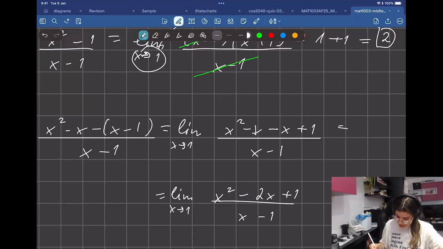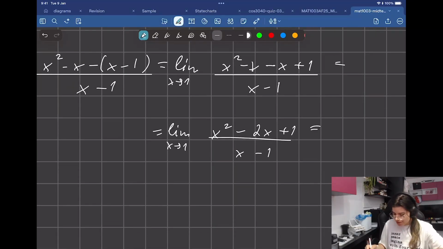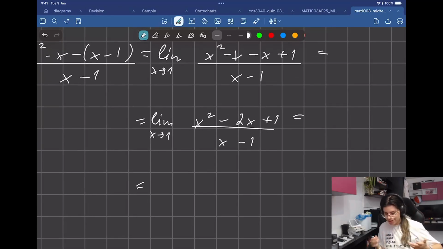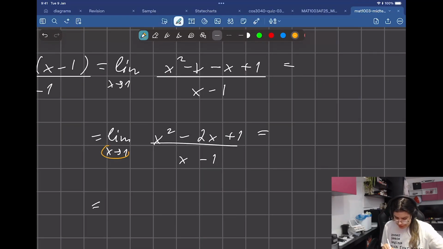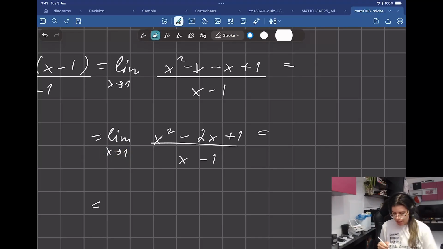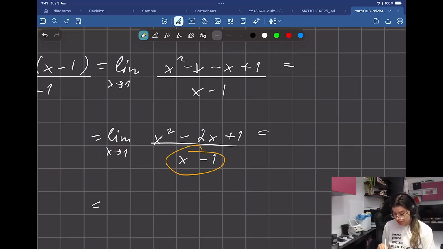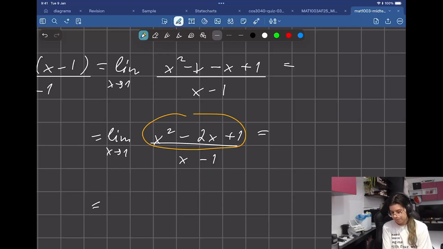And now, interesting, I can't really figure it out at first glance, right? Because if I plug in x equals 1, then I'm going to get 1 minus 2 plus 1 over 1 minus 1, which is going to be 0 over 0. So I'm not yet ready to plug in the value. I cannot really simplify this further, but the thing at the top looks like a quadratic, okay?